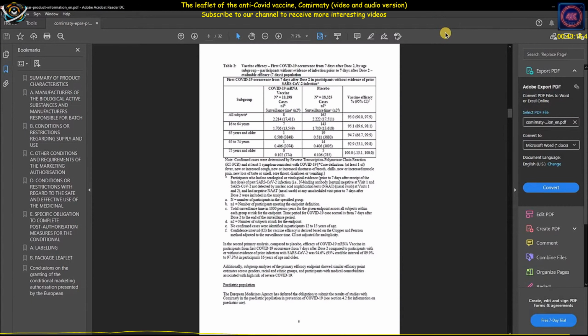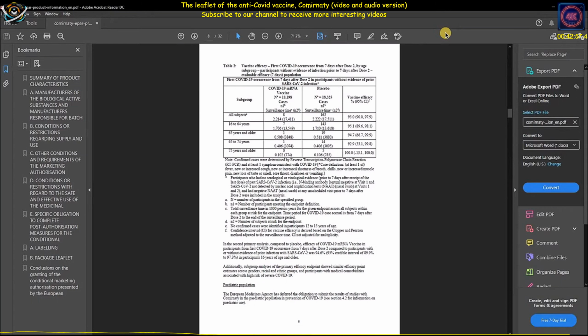symptom consistent with COVID-19 case definition, at least one of fever, new or increased cough, new or increased shortness of breath, chills, new or increased muscle pain, new loss of taste or smell, sore throat, diarrhea, or vomiting.